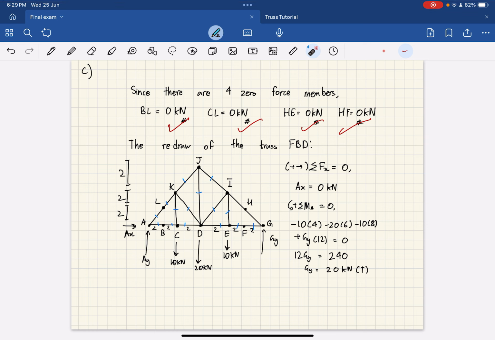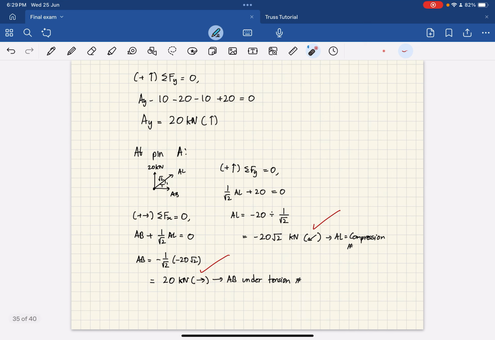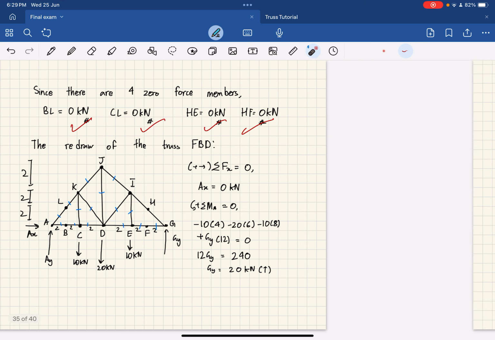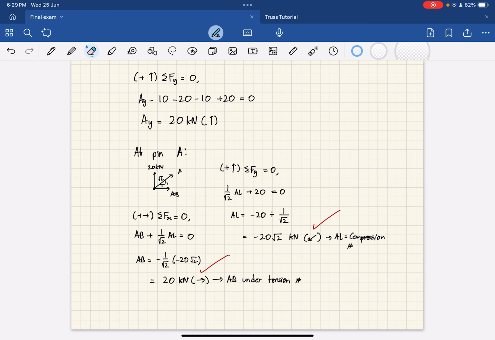So with that being said, we have to analyze each and every joint. You can start with point A or point G first; I started with point A. At pin A, we already have the support reaction force AY. Then I assume that member AL is under tension, so the direction is going that way.